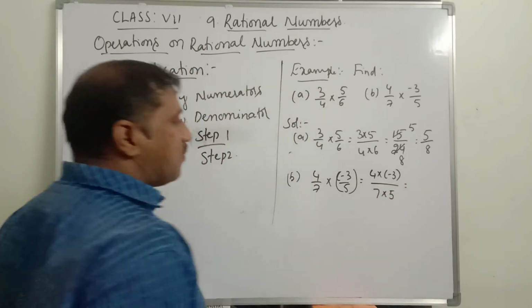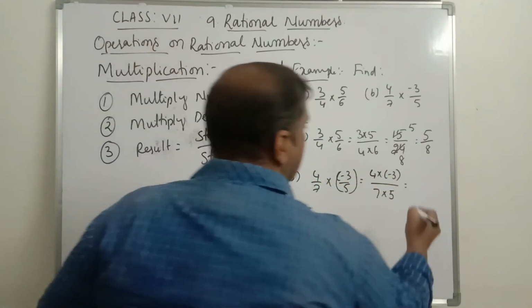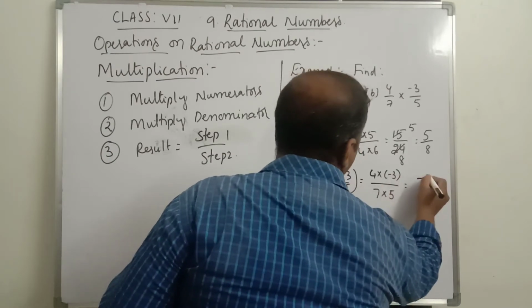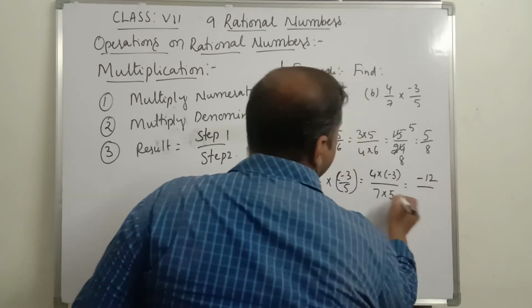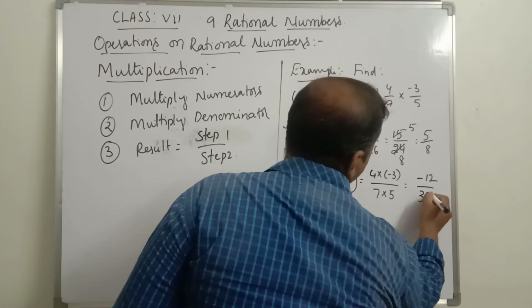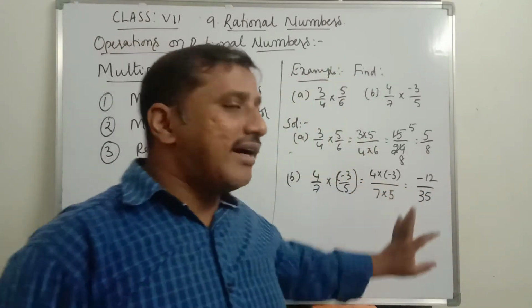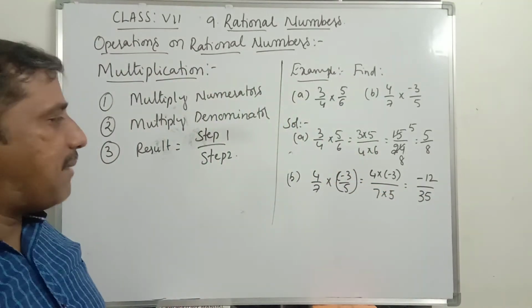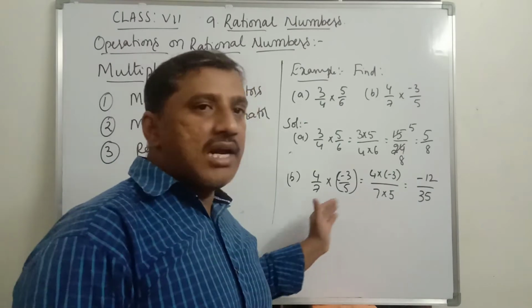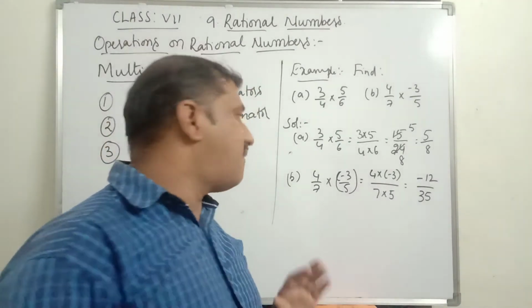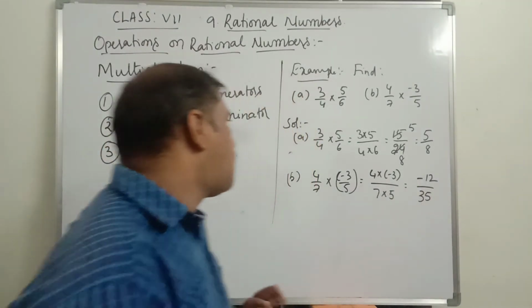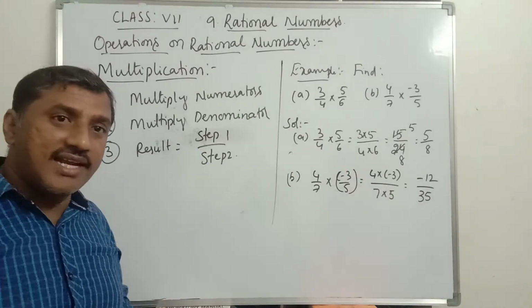Plus into minus is minus, so minus 4 into 3, 4 3s are 12, divided by 7 into 5, 7 5s are 35. Now 12 and 35 both are co-prime numbers. They are not divisible by any number other than 1. So this is the product of the given two rational numbers.